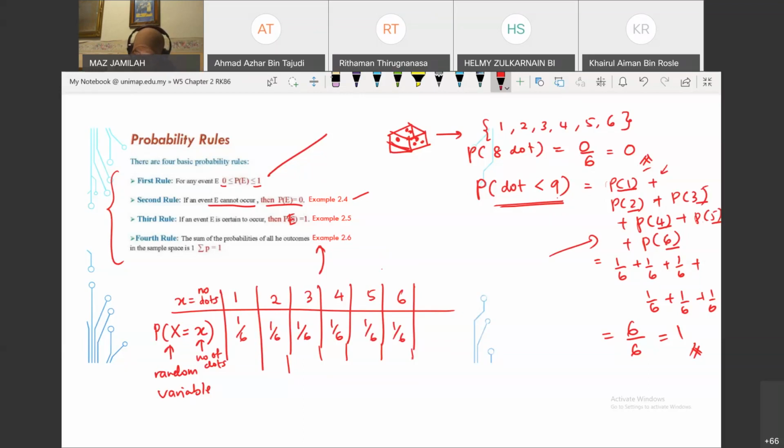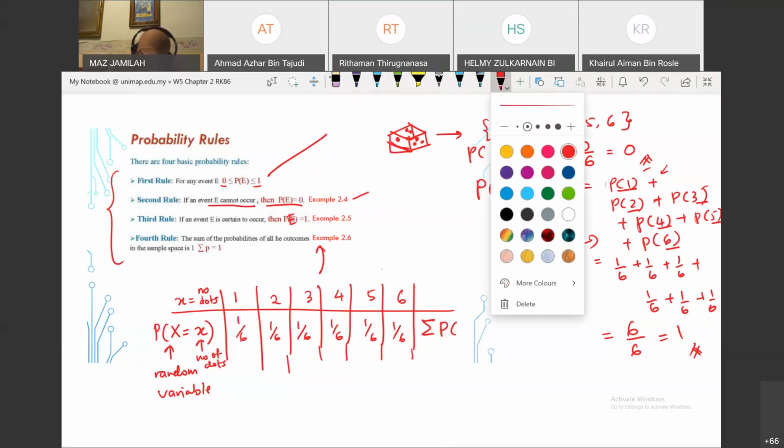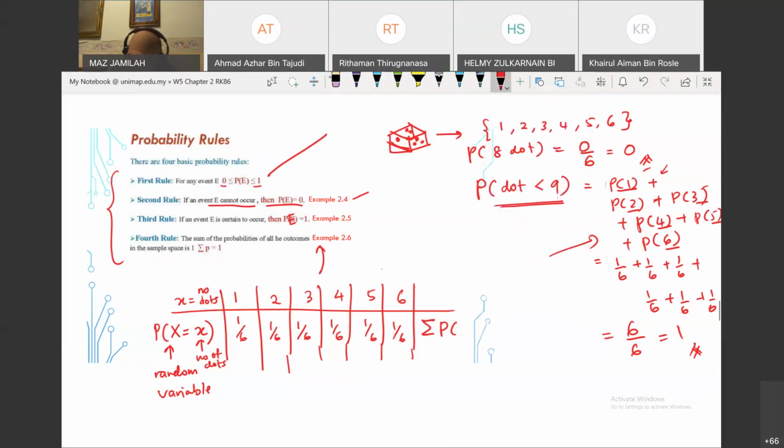So the summation of all these probabilities of x is equal to 1, for all x. So it should be capital letter. So x from 1 until 6 is equal to 1.